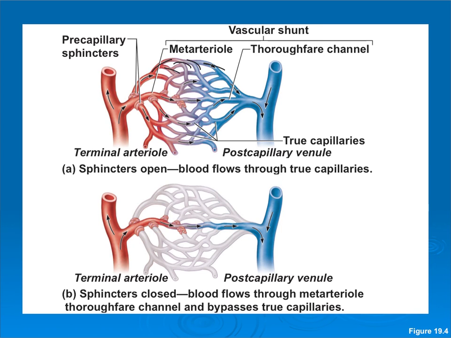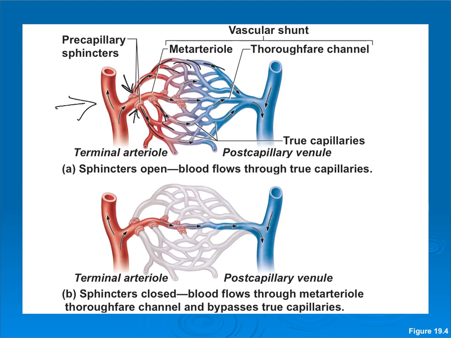So if you want a tissue to be receiving a lot of blood, then you want all of the true capillary beds to be open. So what you make happen is these pre-capillary sphincters, which are little bands of smooth muscle, you make those relax. That's what allows blood to fill up all of these other areas and therefore supply that tissue adequately with blood.